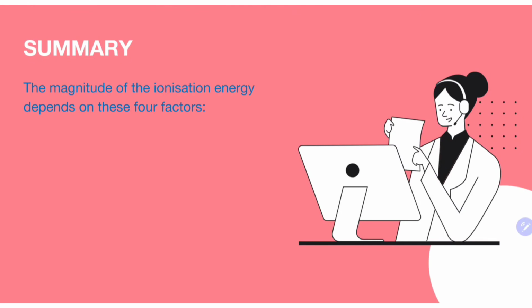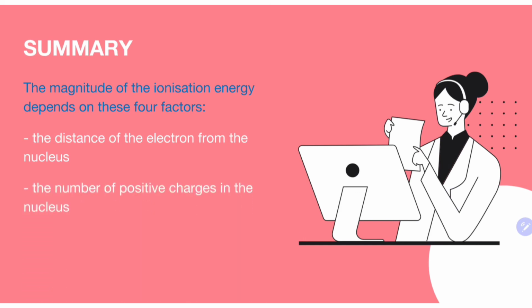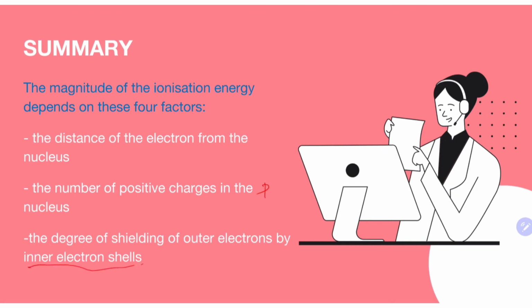The magnitude of the ionization energy depends on these four factors. The first is the distance of the electron from the nucleus. The second is the number of positive charges in the nucleus, the protons, the nuclear charge. And then the degree of shielding of outer electrons by inner electron shells.